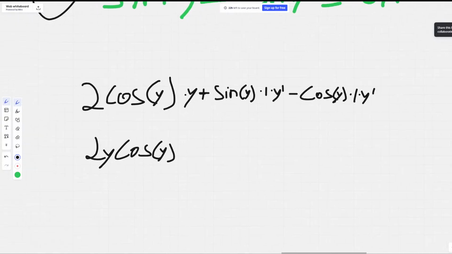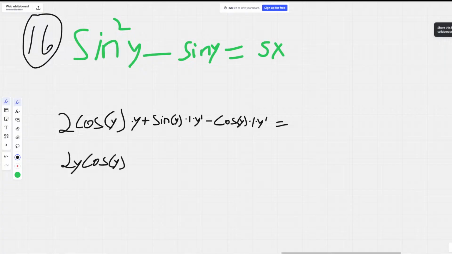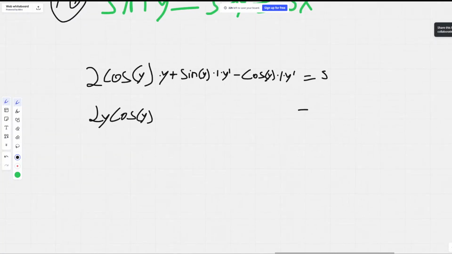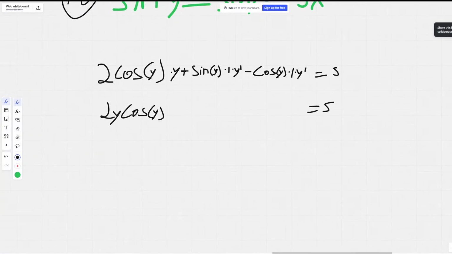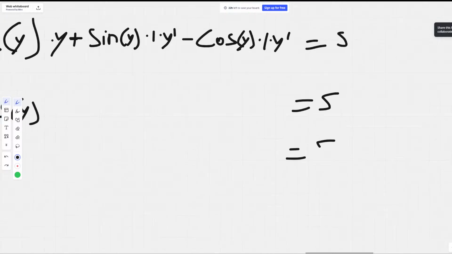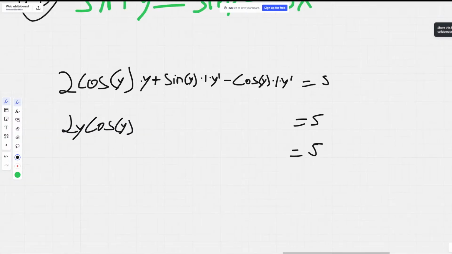But these both have y prime, so I can take this out. Keep that as 5, and then make this a big 5. Top heavy 5, flat 5, janky 5. Elvis 5 will have to do it.